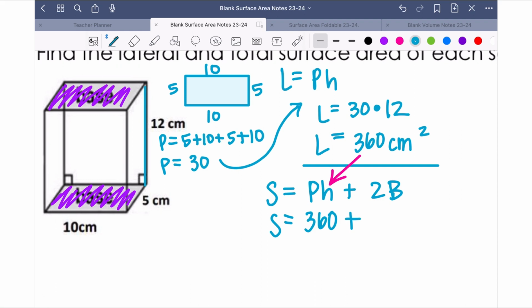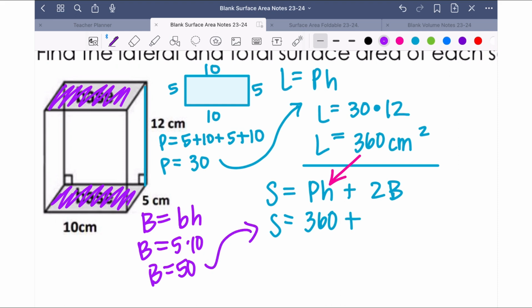So let's do some side work. What's the formula to find the area of a rectangle? It is length times width, or base times height. So 5 times 10 is 50. So that's what we're going to bring over here.